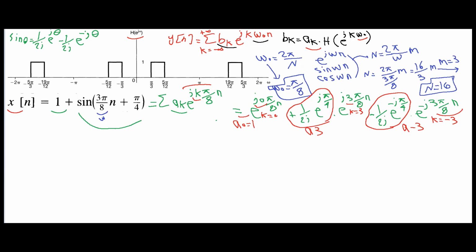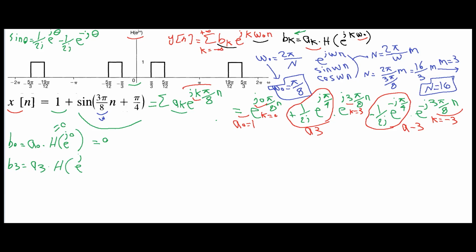Now we compute b_k. For k equals 0, b0 equals a0 times H(j0). From the frequency response, this is 0. So b0 equals 0. For k equals 3, b3 equals a3 times H(j3π/8).